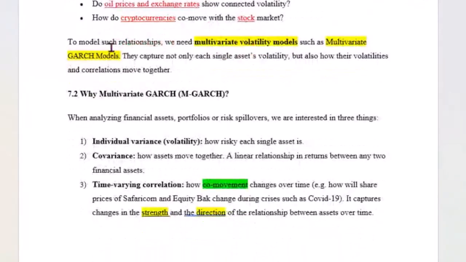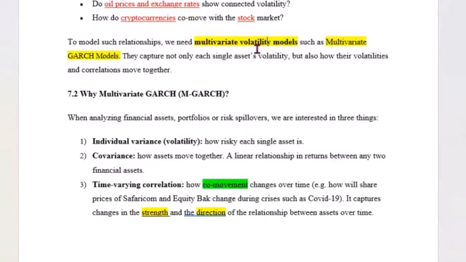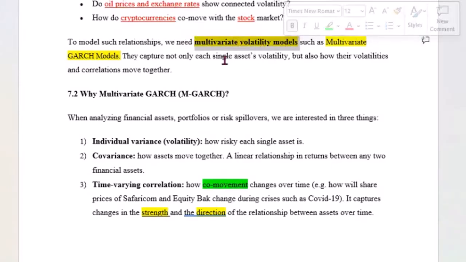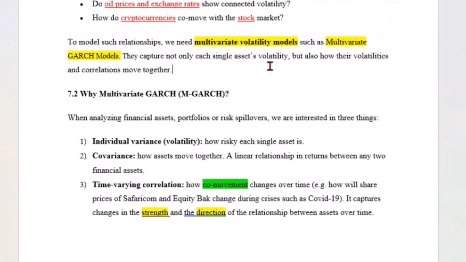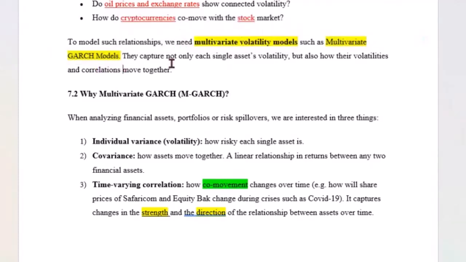So to model such a relationship, we need what we call multivariate volatility models. We cannot now rely on ARCH and GARCH models. We adopt the multivariate volatility models, which we call the multivariate GARCH models. They capture not only each single asset's volatility, but they also tell us how their volatilities and correlations move together.